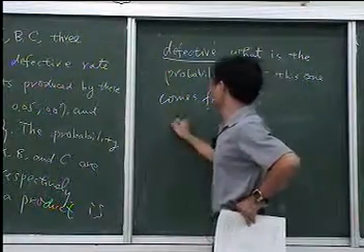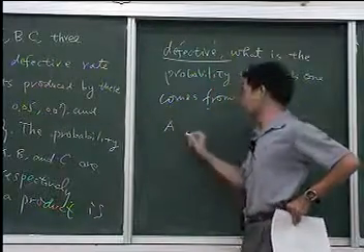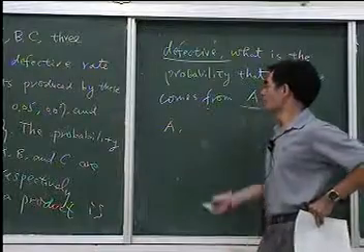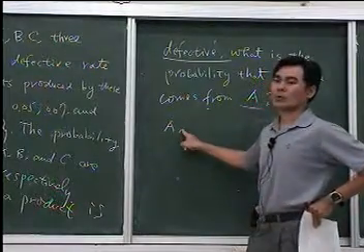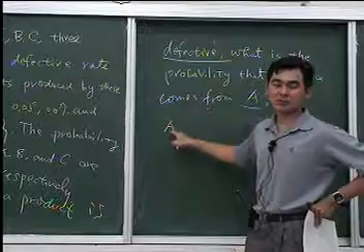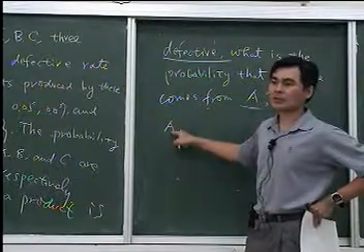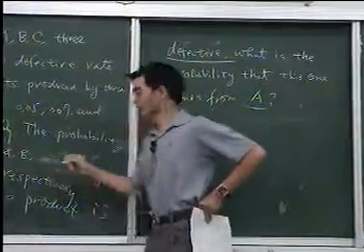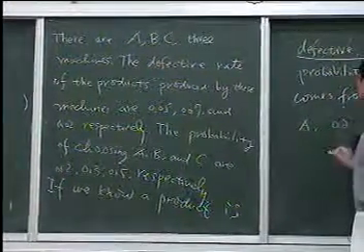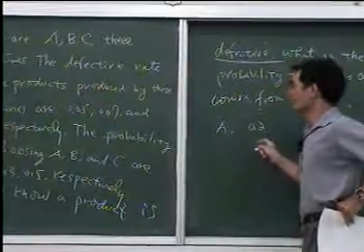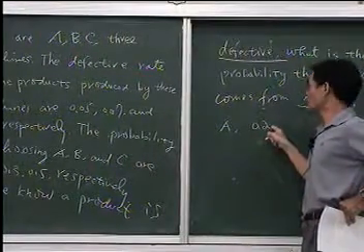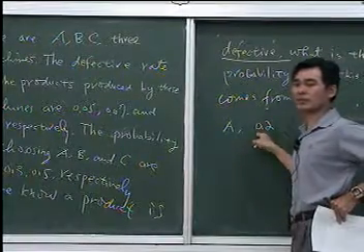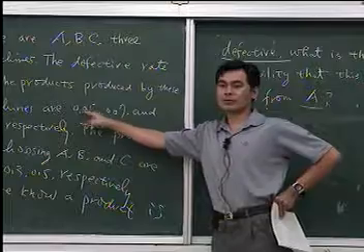If you choose machine A, what's the chance it will be defective? First, you have to know the probability you will choose machine A. The probability he will choose machine A is 20%. And the probability that when he chooses a product from machine A it will be defective is 0.05, 5%.